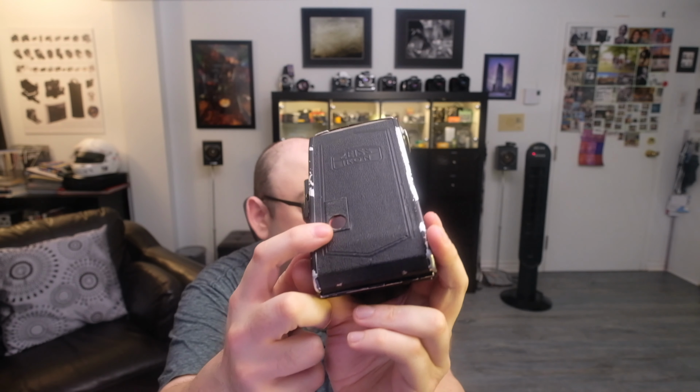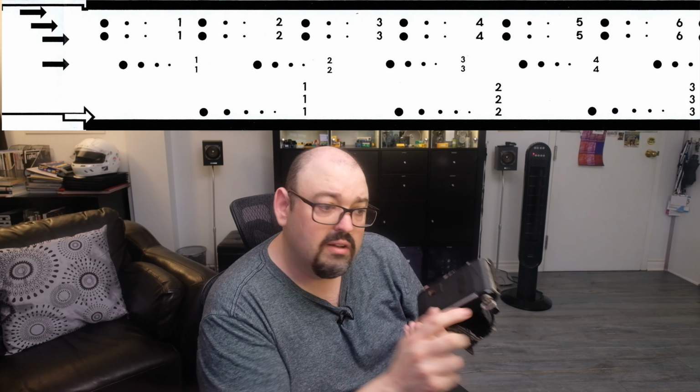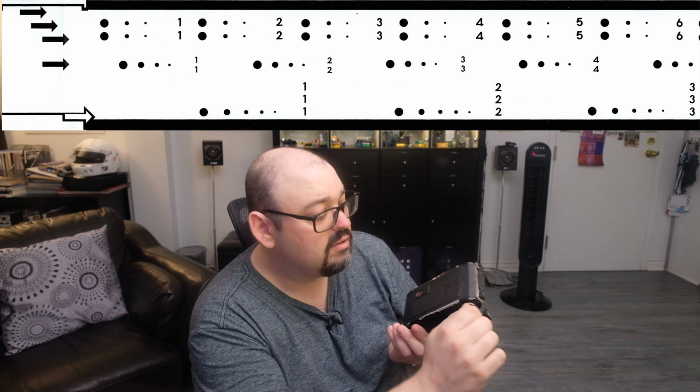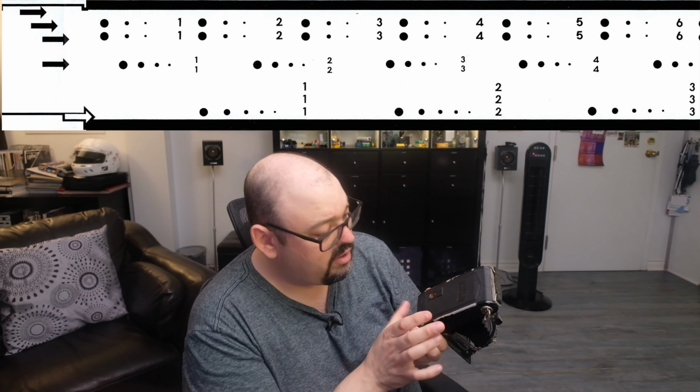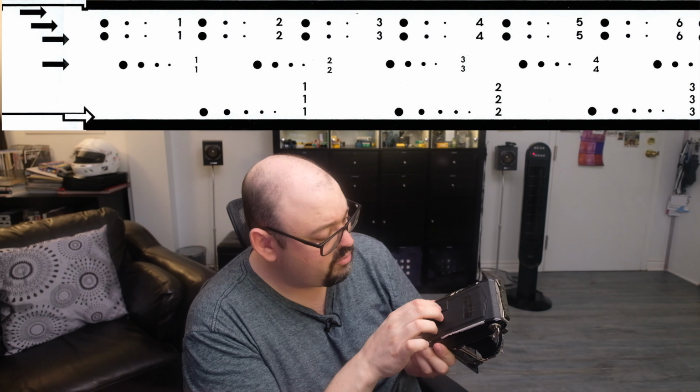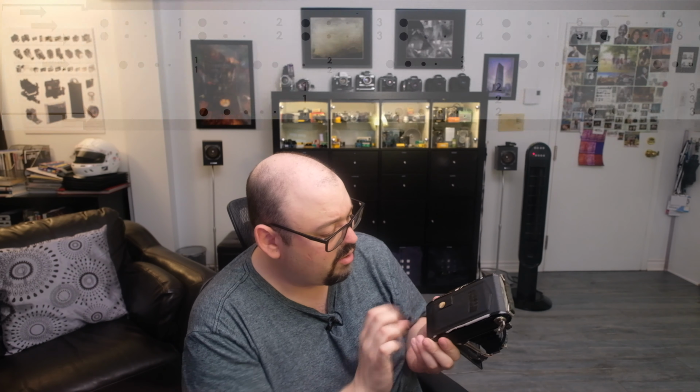Paper backing is why on the back of many medium format or roll frame cameras, you see a little red window like this. The red window is for you to see the paper backing, to advance to the next frame. When you're at the next frame, you can close that window and then you're ready for the next picture.